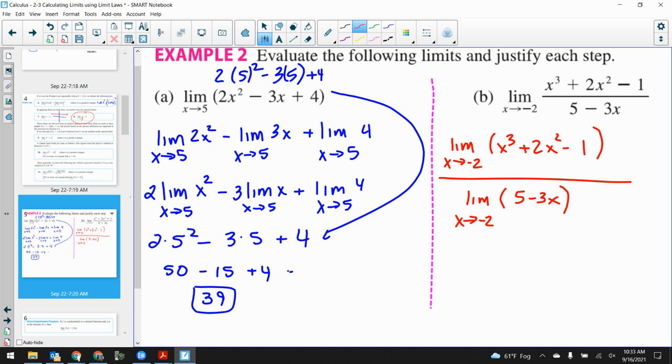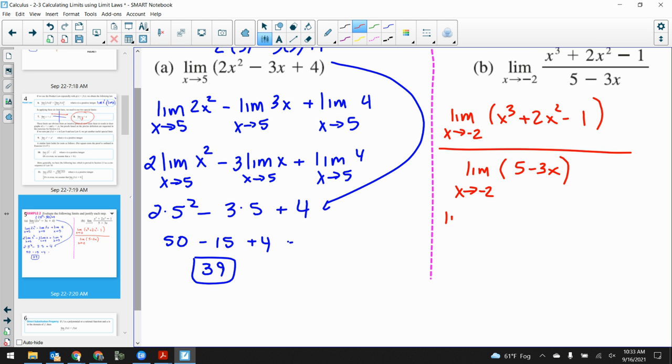Now we can distribute in the limit. We can say the limit of x approaches negative 2 of x to the third plus, and now I'll do 2 steps at once. Since it's 2x squared, I'm going to take that constant, bring it out, 2 times the limit as x approaches negative 2 of x squared minus the limit as x approaches negative 2 of 1.